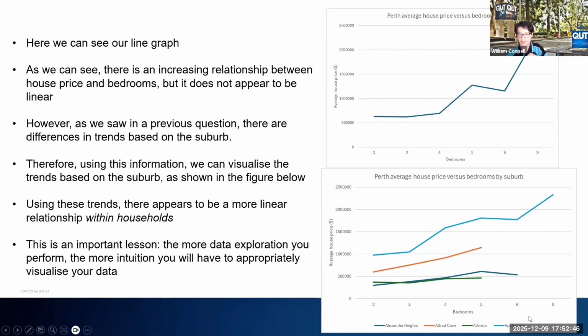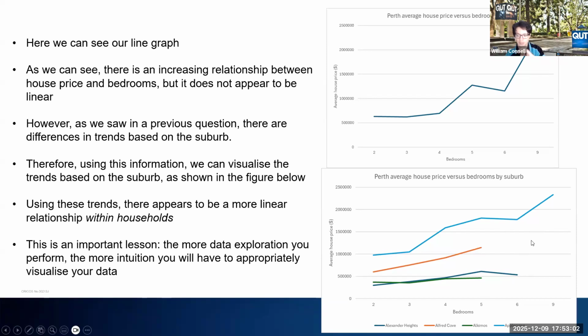It appears to be the case that for houses with 5 or more bedrooms, we only really have data from Applecross.